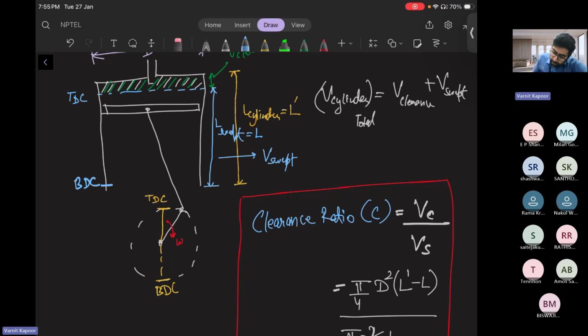If the radius is r, then 2r is equal to the swept length. We have converted the Cartesian coordinates into polar coordinates. So length is twice the radius of the crank.